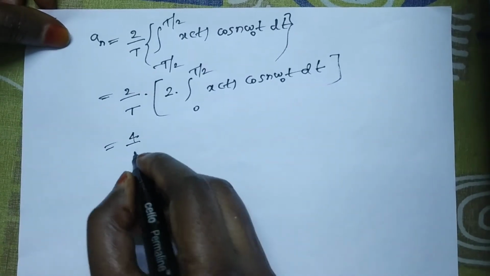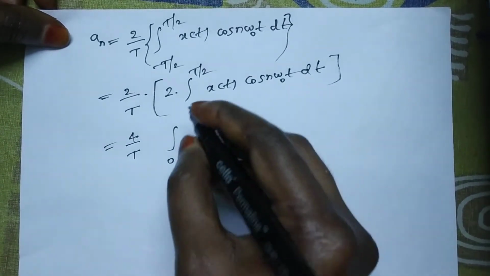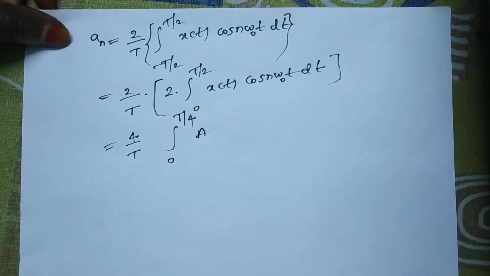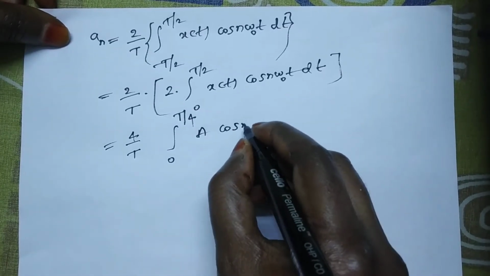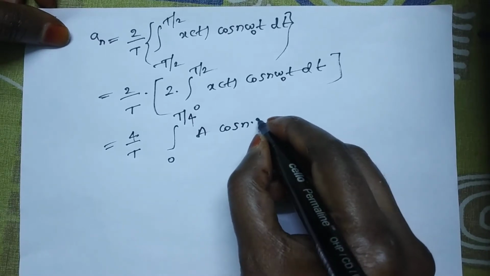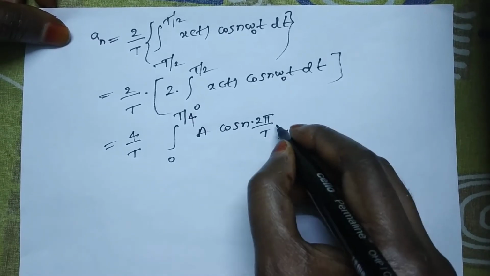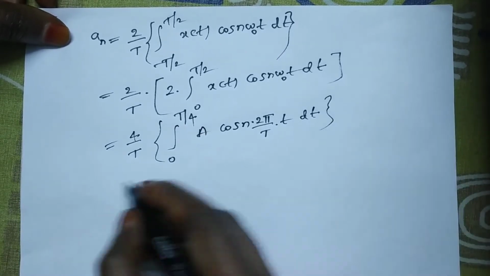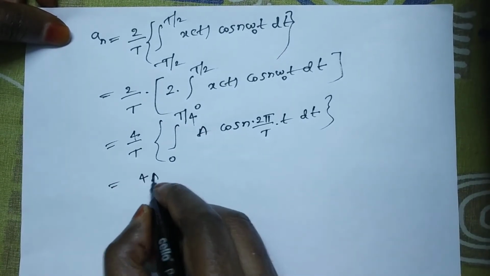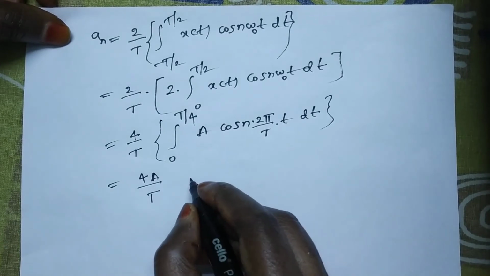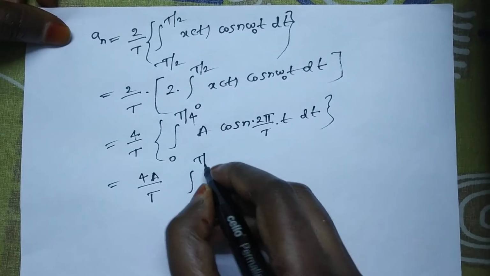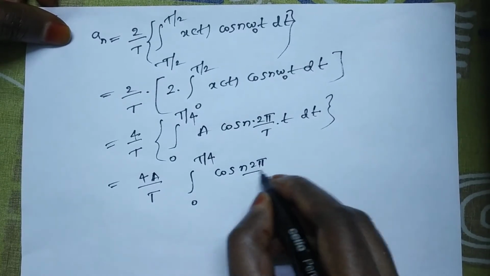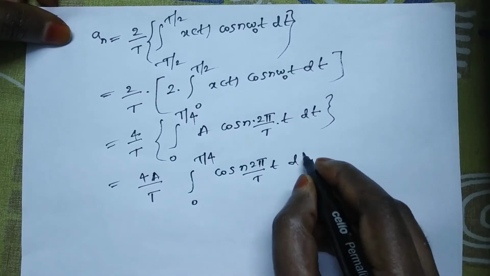Then 4 by T, and again the signal exists only from 0 to T by 4 with the amplitude A. Cos n omega naught t, where omega naught is 2 pi by T, into t dt. A outside: 4A by T integration 0 to T by 4 of cos n 2 pi by T into t dt.